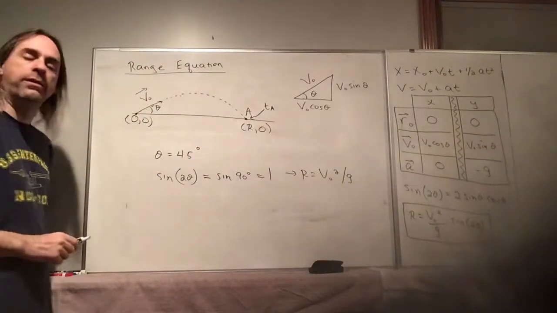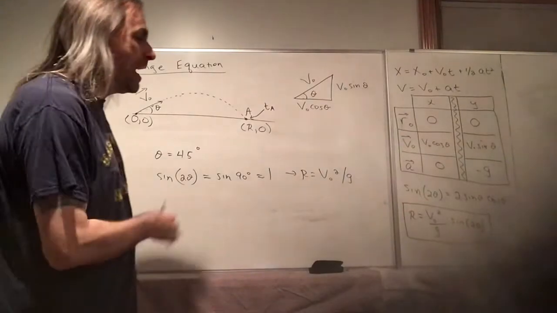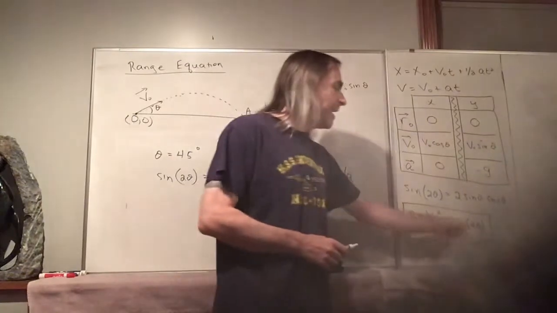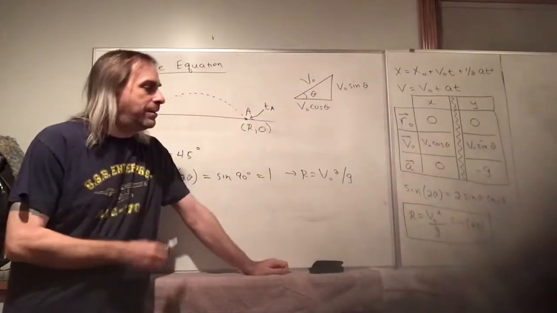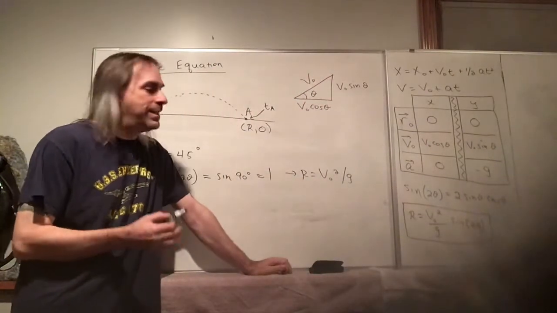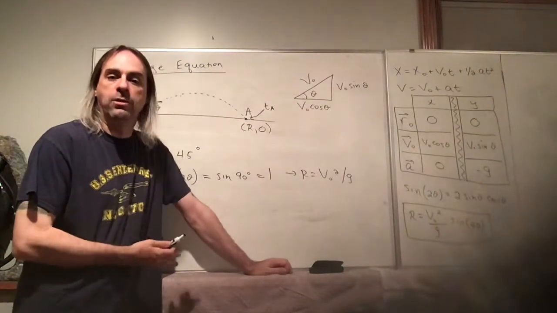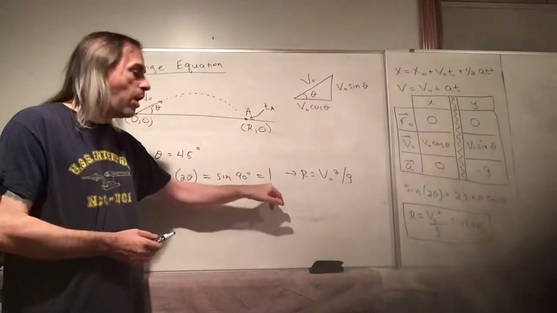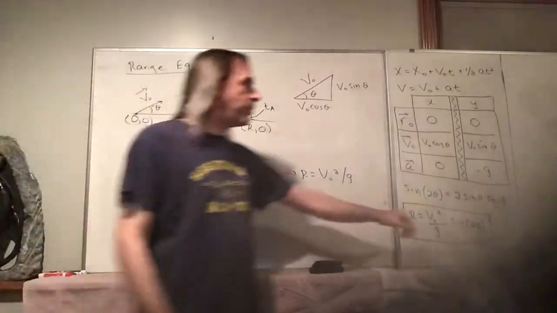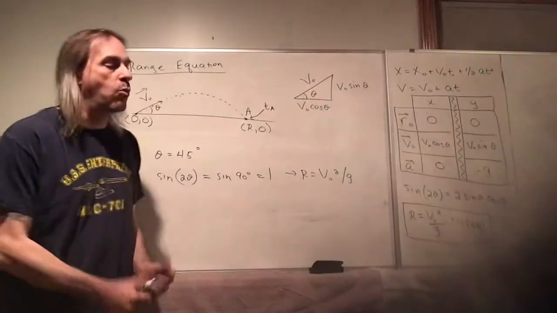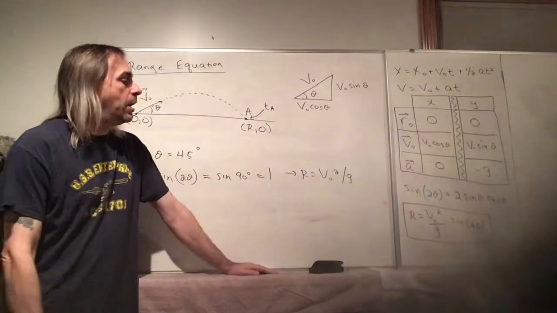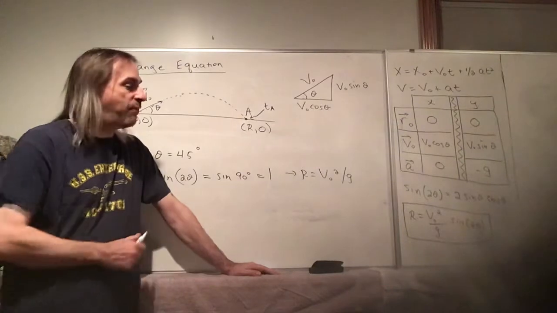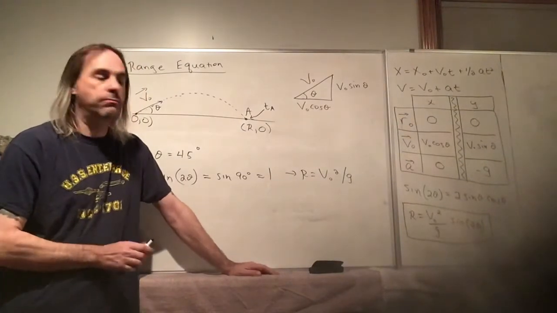And we'll never get more than that, because the range in general is v naught squared divided by g times something, and sine of any angle is never going to be greater than 1. So if we pick 45 degrees, this term is going to be 1. We're never going to make sine of 2 theta bigger than 1. So that's the maximum range you can get, by selecting a 45-degree angle.